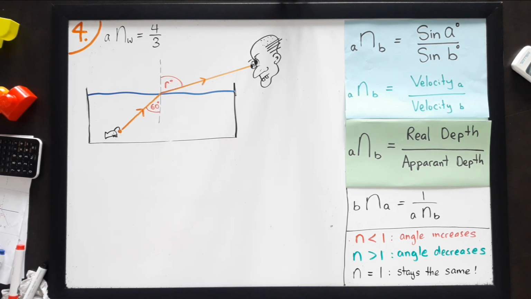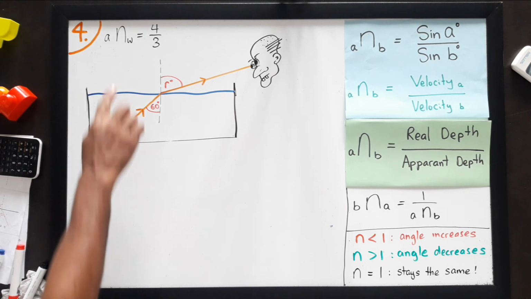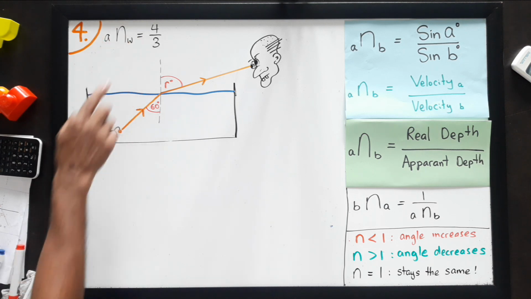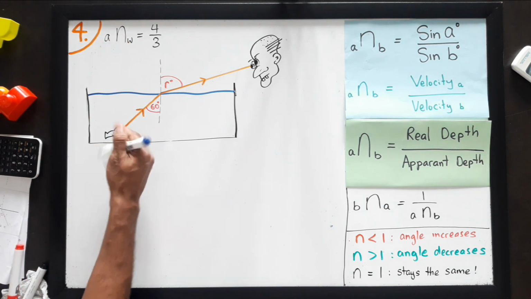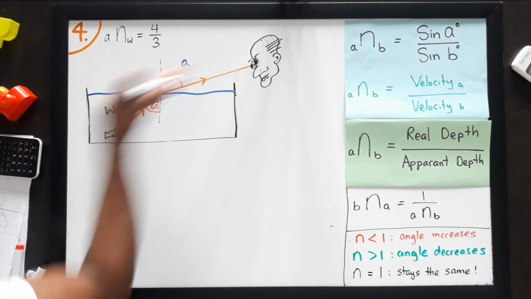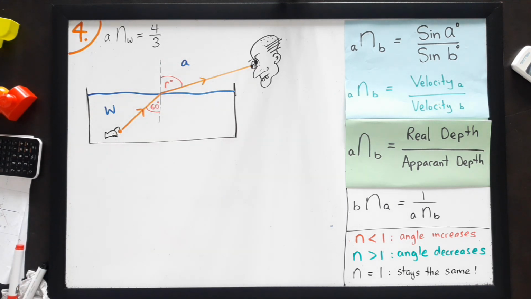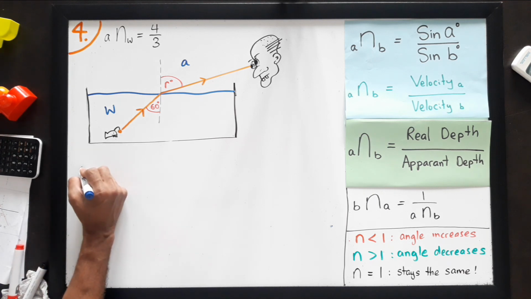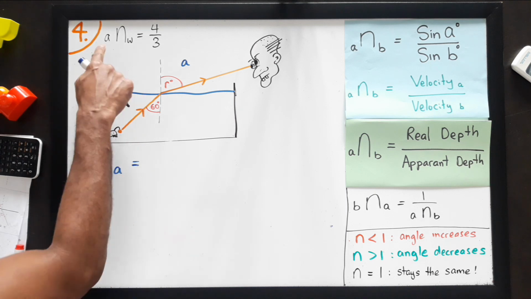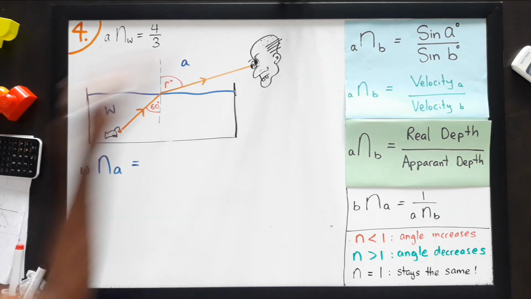Is the examiner trying to trick us? Yes. Because the refractive index is from air to water. But this light starts off in the water and it went to the air. So we actually need the refractive index from water to air, not air to water, right?